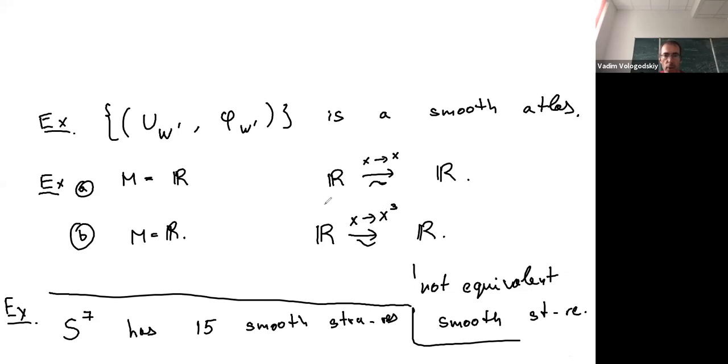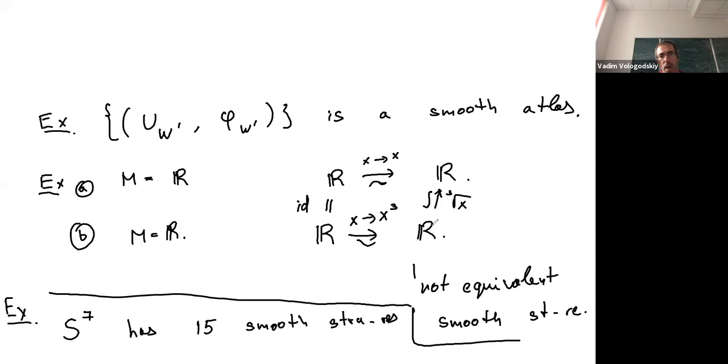It would mean that if you look at the following diagram here, this transition map, well, the map I'm actually interested in is this one, which is cube root of x, right?